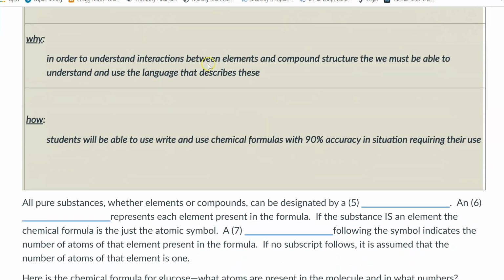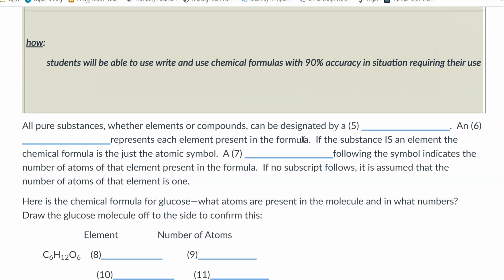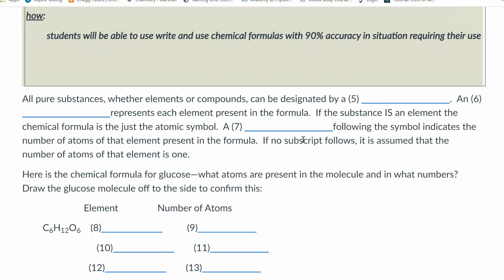And I will expect you to be able to use and write chemical formulas with 90% accuracy in situations requiring their use. Okay, so all pure substances, whether elements or compounds, can be designated by a chemical formula. That's the whole point. We're making sure you can read these chemical formulas.